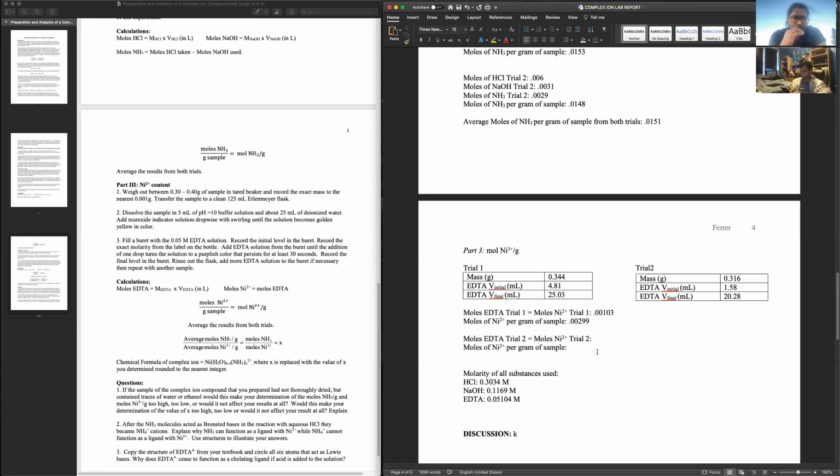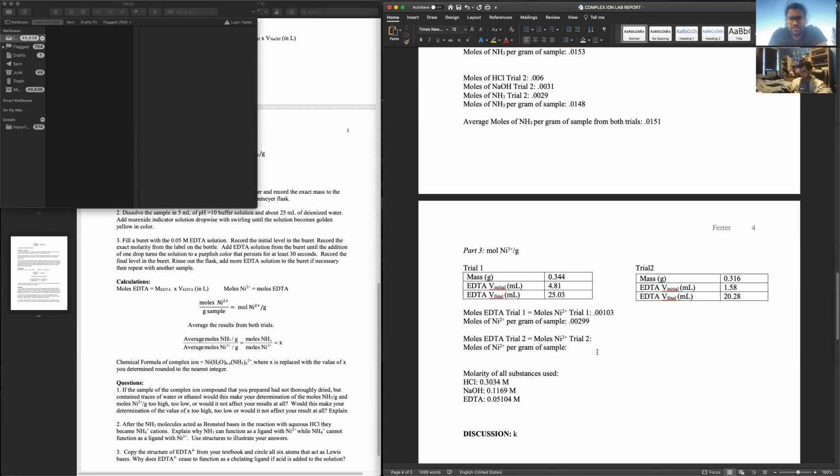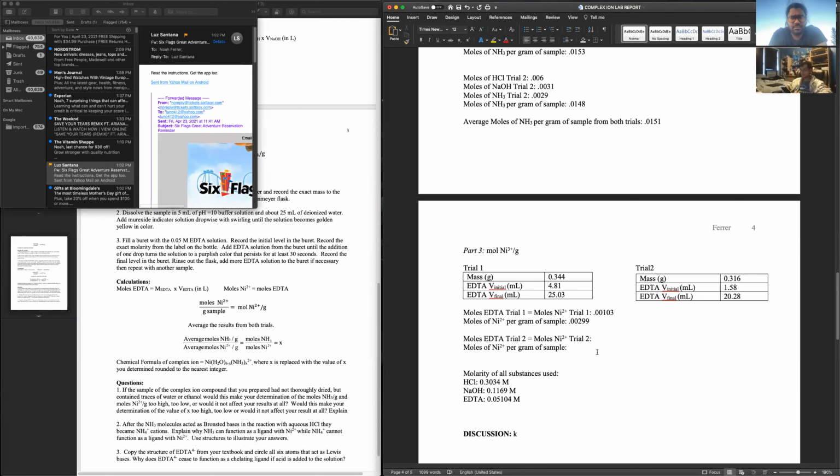So 20.28 minus 1.58, is that divided by 1,000 times the molarity, 0.051, right?